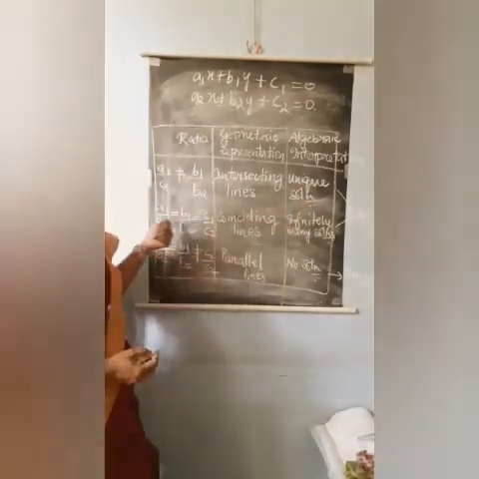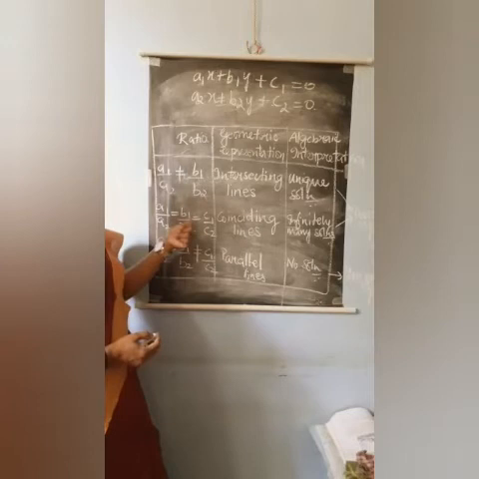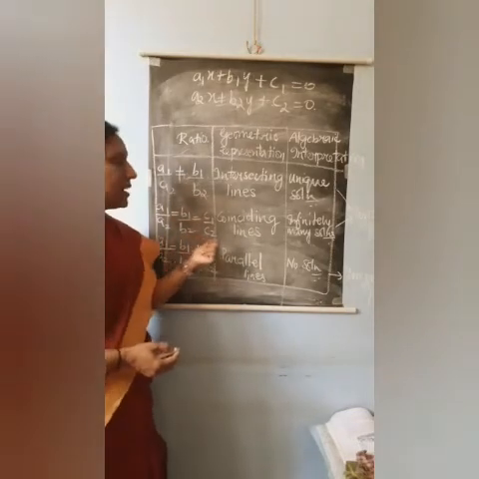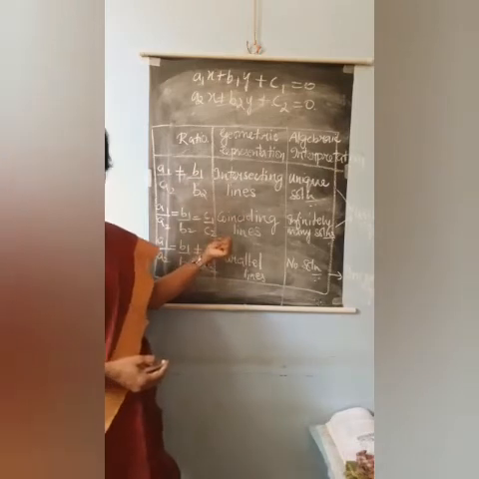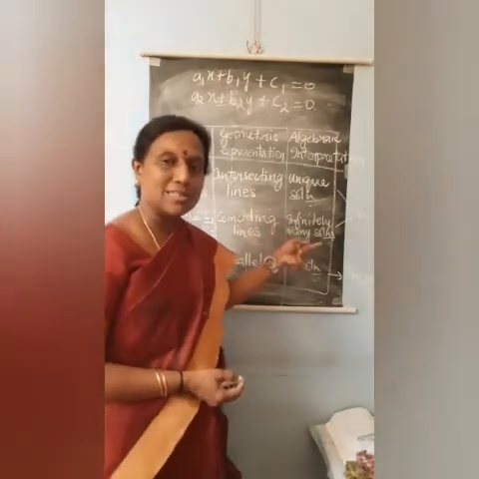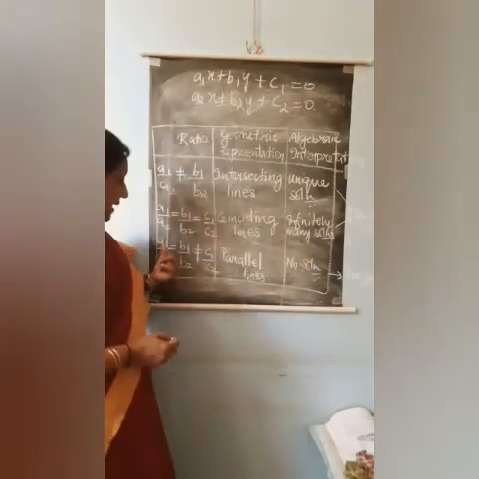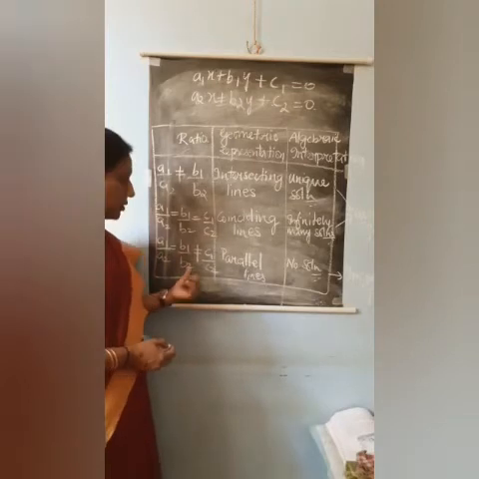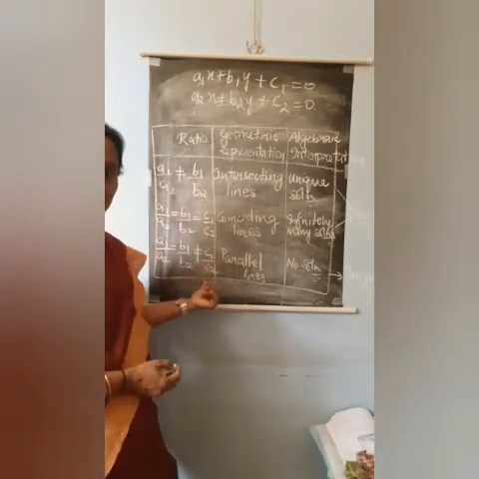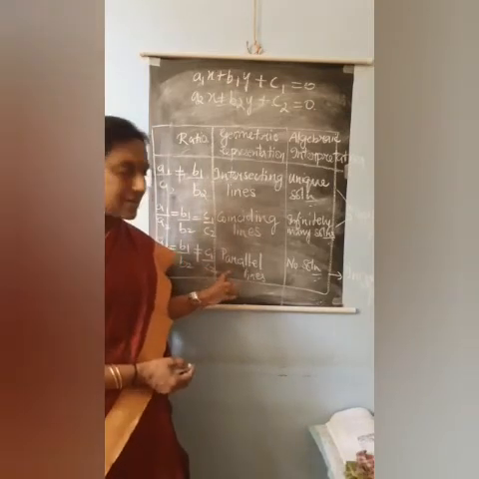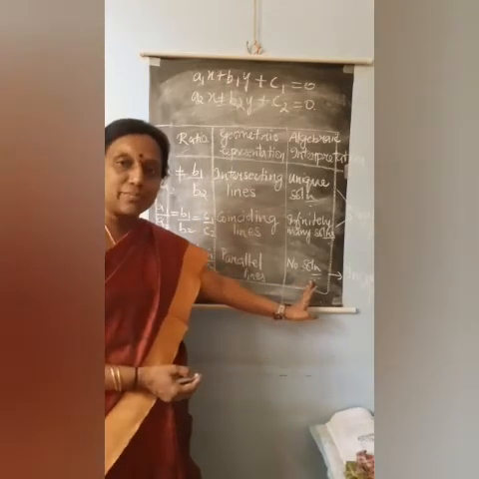And if a1 by a2 equal to b1 by b2 equal to c1 by c2, we get coinciding lines and so infinitely many solutions. Supposing a1 by a2 equal to b1 by b2 not equal to c1 by c2, then the result is parallel lines and no solution.